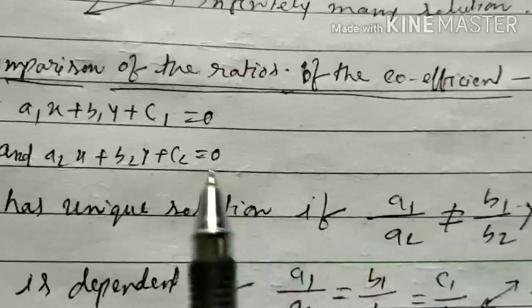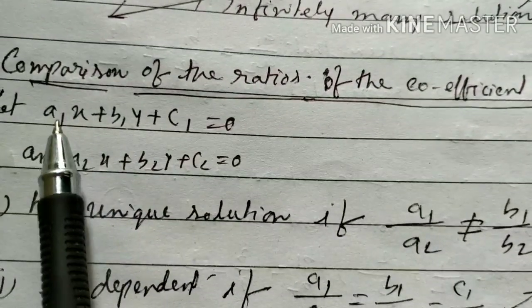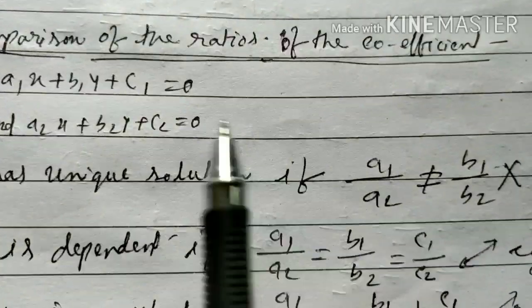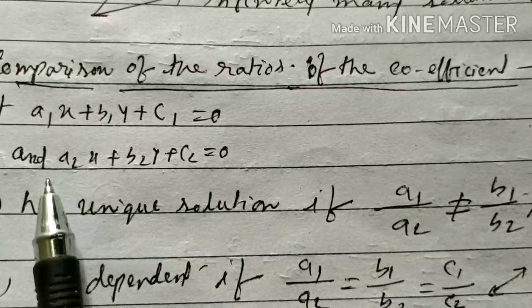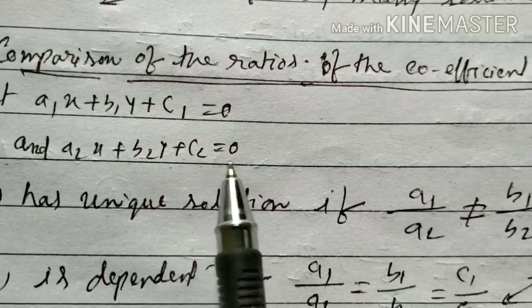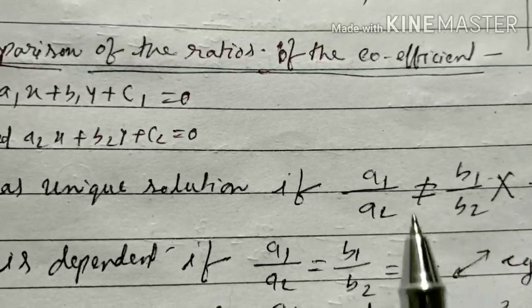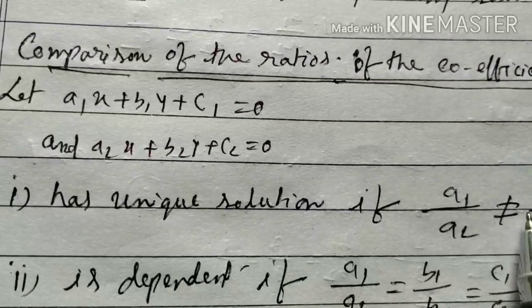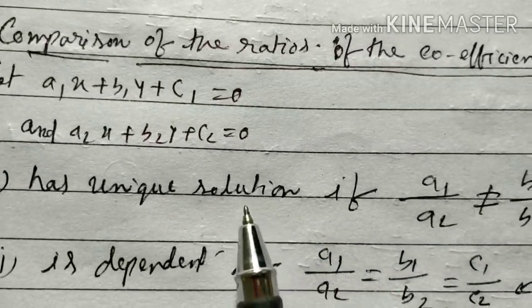Here a1 is the coefficient of x for the first equation, a2 the coefficient of x for the second equation, b1 and b2 the coefficients of y, and c1, c2 the constants. Comparing the ratios of the coefficients, in this case the pair of linear equations has a unique solution.